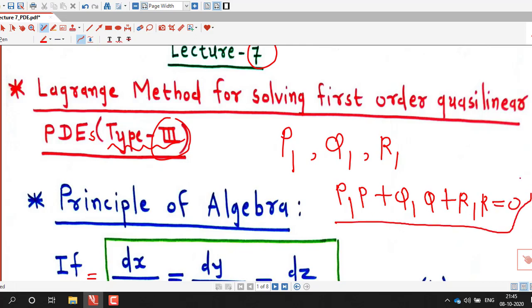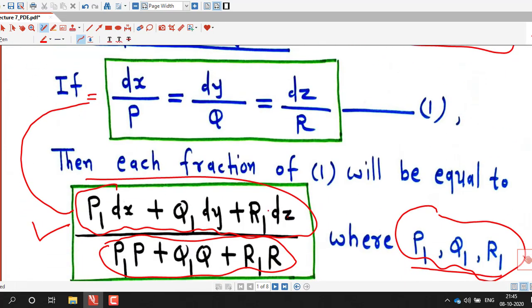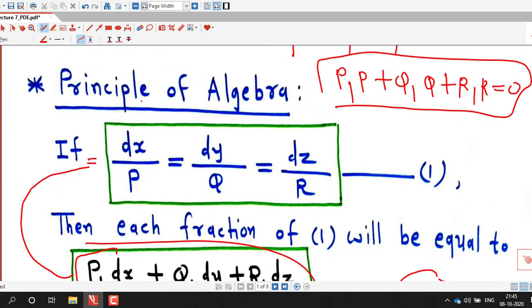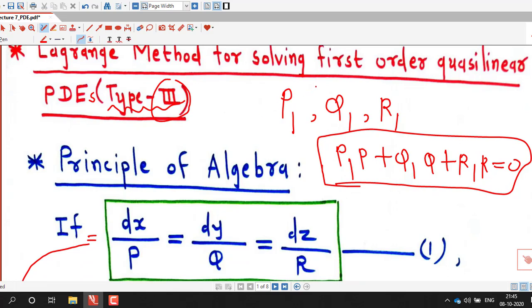If this becomes 0, then p1 dx plus q1 dy plus r1 dz equal to 0, which can be integrated to obtain one of the two integrals. In this lecture we will do some examples to illustrate this third type. We will be interested in finding these multipliers.